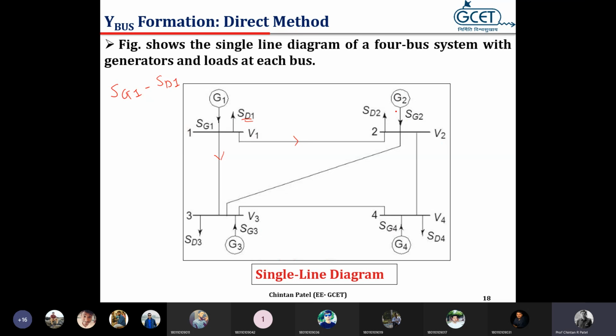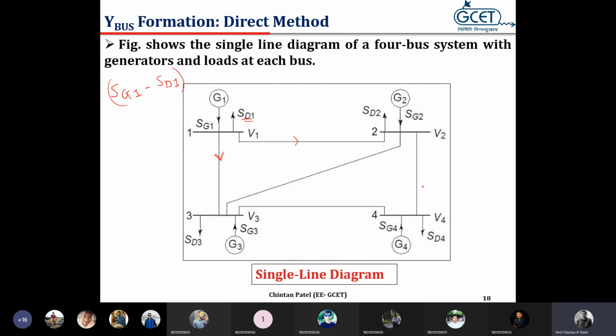From bus number 1 to 2, power is flowing in this manner, and between bus number 1 and 3, again power is flowing in this manner. So this is called net injection of the power.